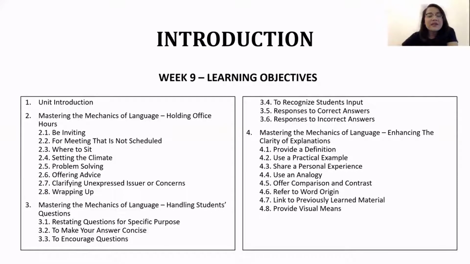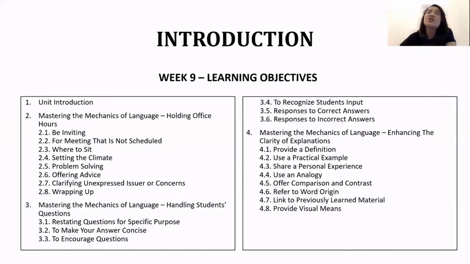Last but not least, in section 4, we have the last mastering the mechanics of language, and it will cover enhancing the clarity of explanations. So as a teacher, teaching assistant included, and also lecturer or professor, we will give a lot of explanations.